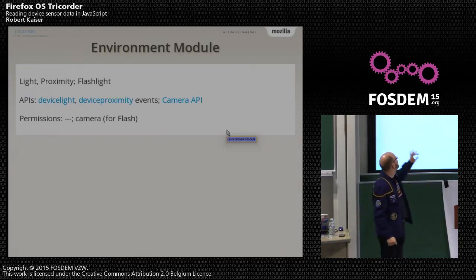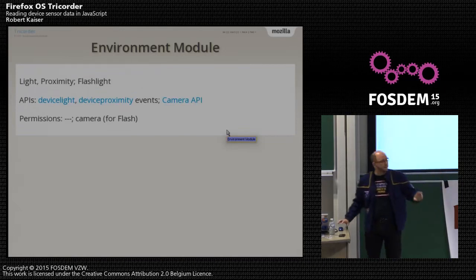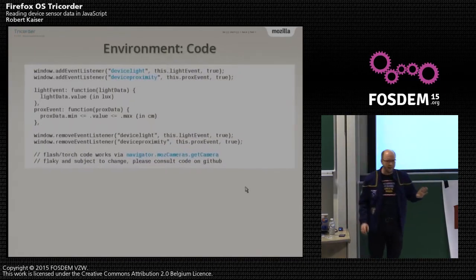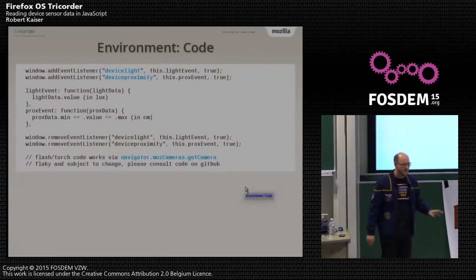So that's two events again, device light and device proximity. It would be the camera API for the flashlight, and that would need a permission, the other two don't. I don't have the code for the flashlight on here because the camera API is kind of strange as well.